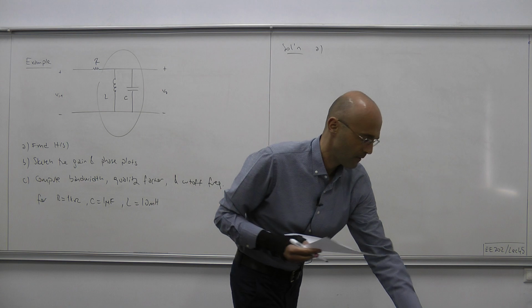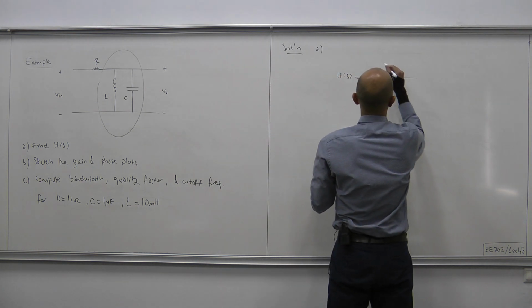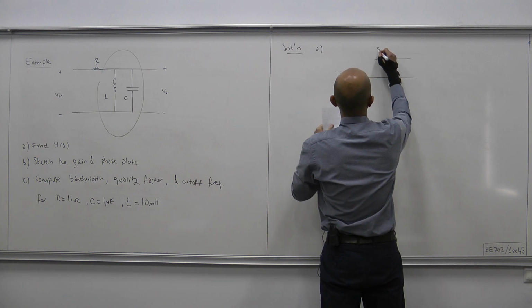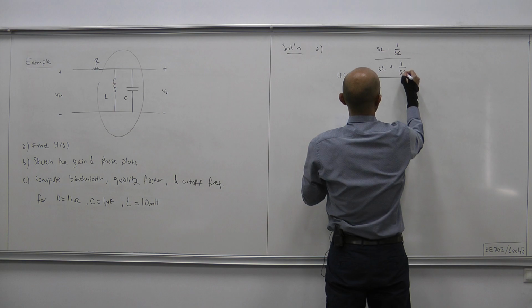So let me put it here. H(s) equals the parallel connection, which is sL times 1 over sC, over sL plus 1 over sC.